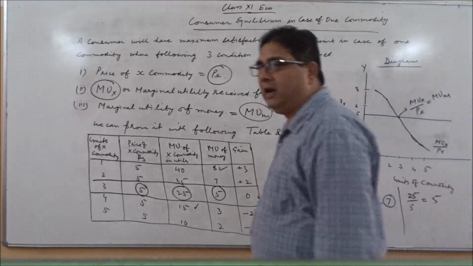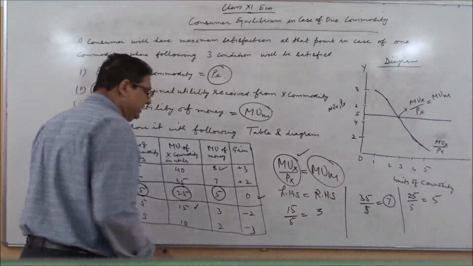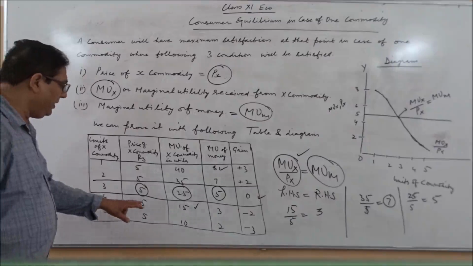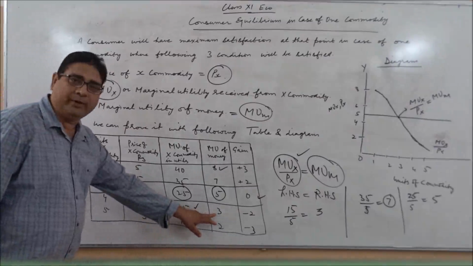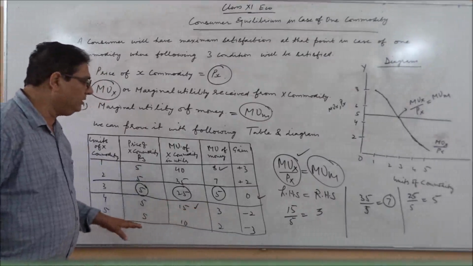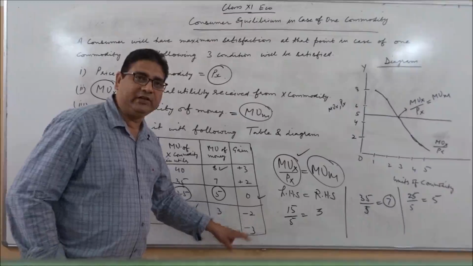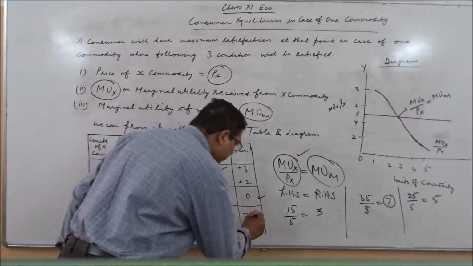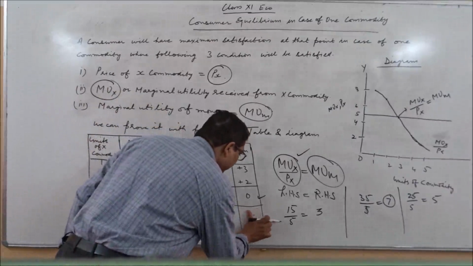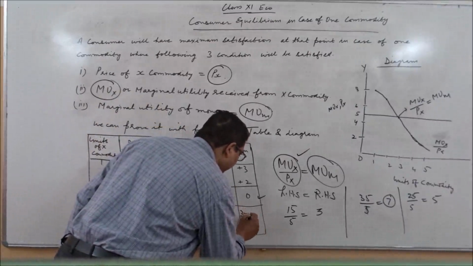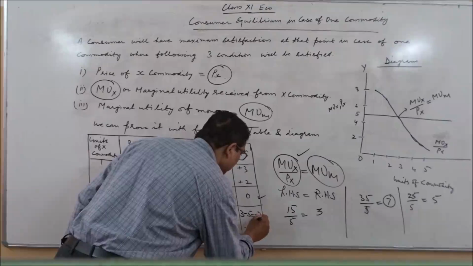So MUM will come to 3. There is a difference of -2 between the price and MUM. If we subtract, 3 minus 5 is equal to -2.